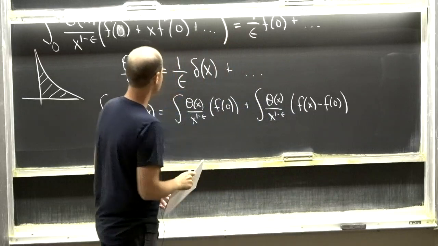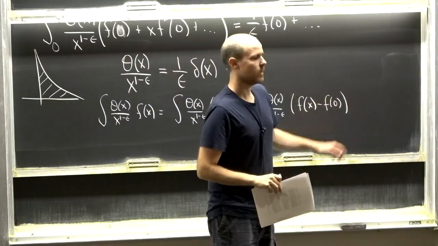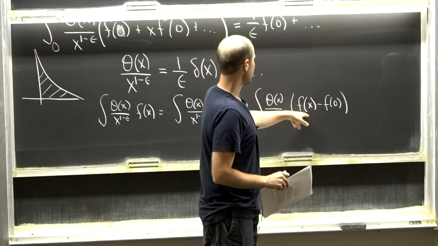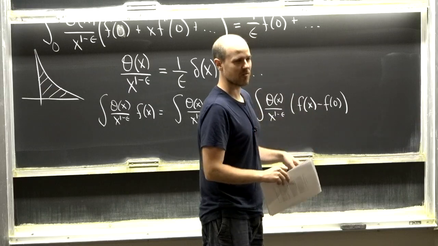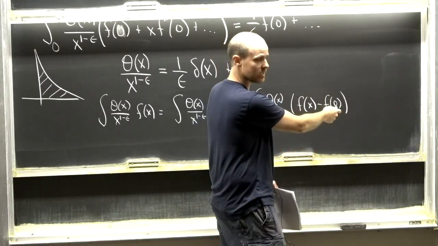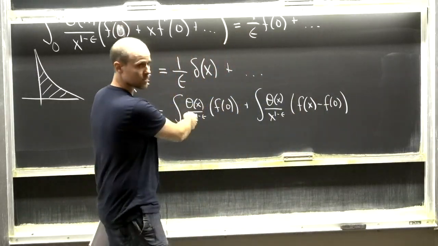Similarly, if this singularity were even stronger, you could subtract off more terms. The point is that it doesn't really matter whether the Taylor expansion has a finite radius of convergence. The only important thing is that this is sufficiently suppressed near x equals 0 that this integral is finite. It has no pole. And then you can get the pole from this term.